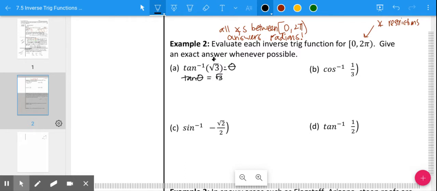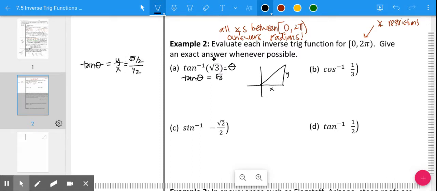Now, I like to think of tangent as my y side over my x side. So let's go to quadrant 1 here and draw the little triangle. And this is my y side and this is my x side. And I know tangent is the ratio of y over x. So if I want to get out a root 3, I'm thinking that probably came from this ratio of sides.